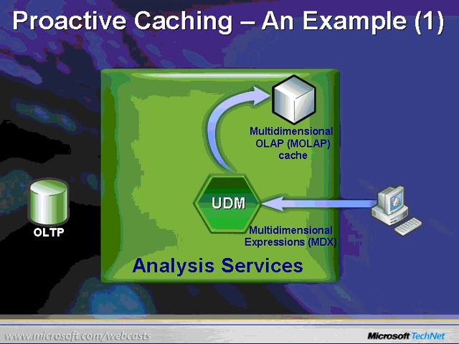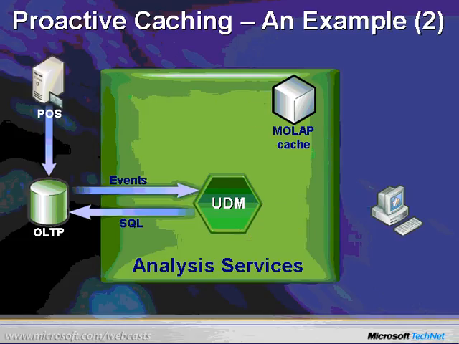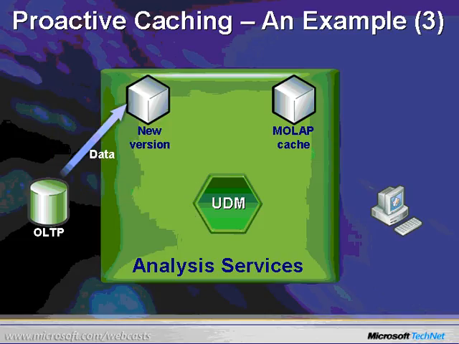So with proactive caching, what happens is that we have our Analysis Services in the middle. We have our UDM inside of our model. We get some events and some information updated. We have data moving in and out of that environment. So what's actually being used to store this data?